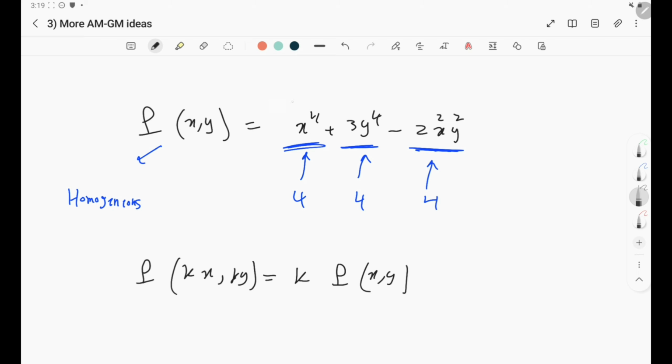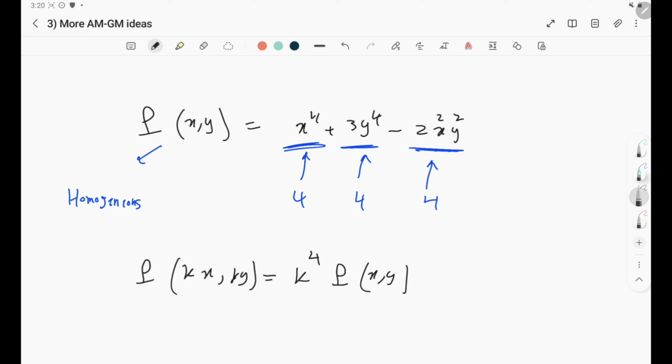Here if you put a k, you get k to the 4 in every term, so the k will be outside. Just this is the idea, that the k will be outside, and you will have the same P(x, y).